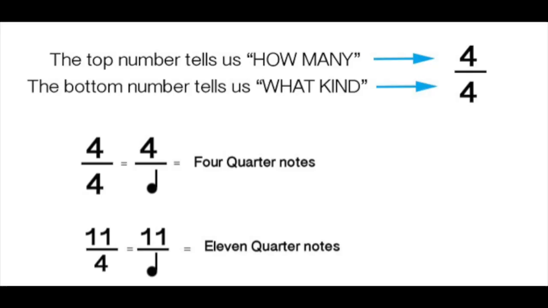The top number 4 indicates how many beats there are going to be between the bar lines. The bottom number 4 tells you what kind of beats we're going to count. And for 4, we're going to count 1, 2, 3, 4. Those beats are quarter notes. Think of the whole 4/4 as $1, and each quarter note is a quarter.